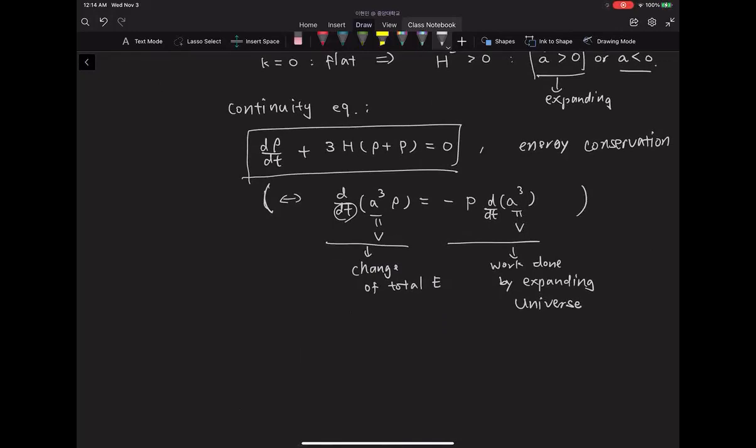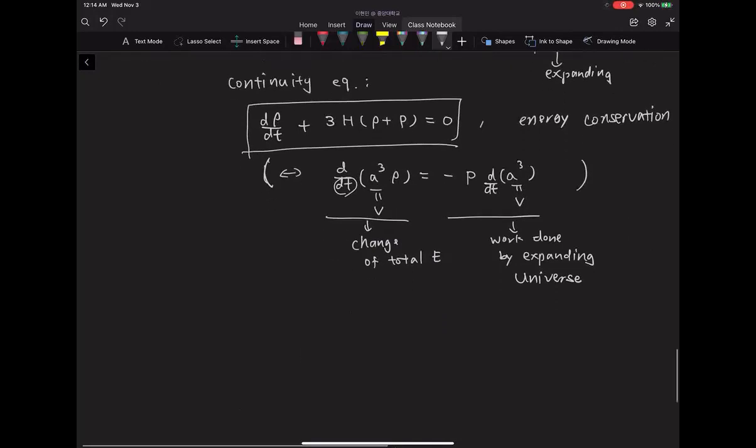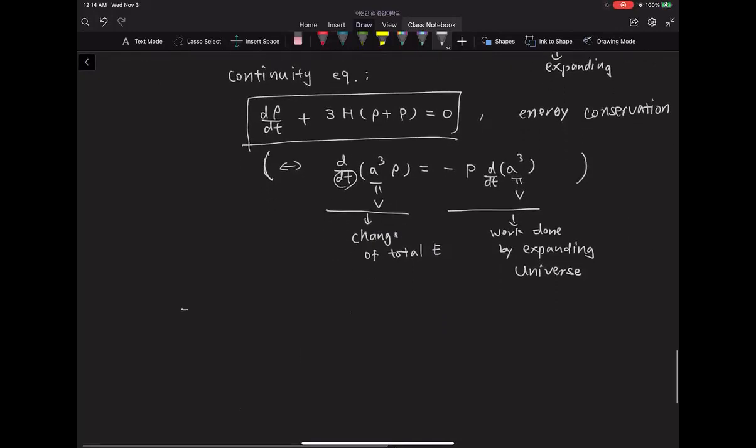Now we have discussed the Friedmann equation and the continuity equation. We also define the fraction of the energy density.